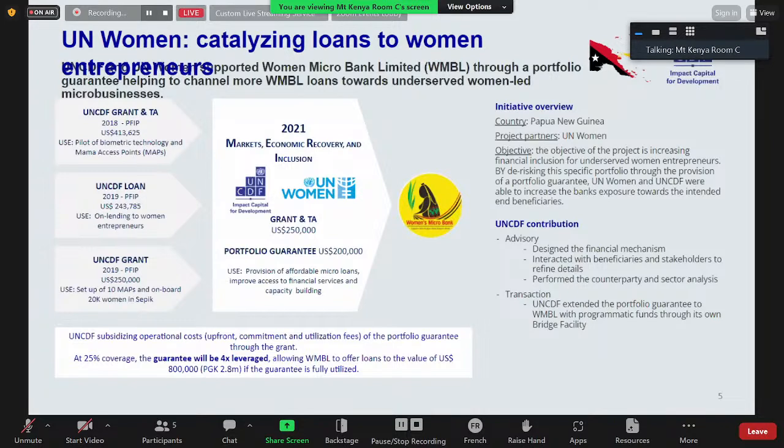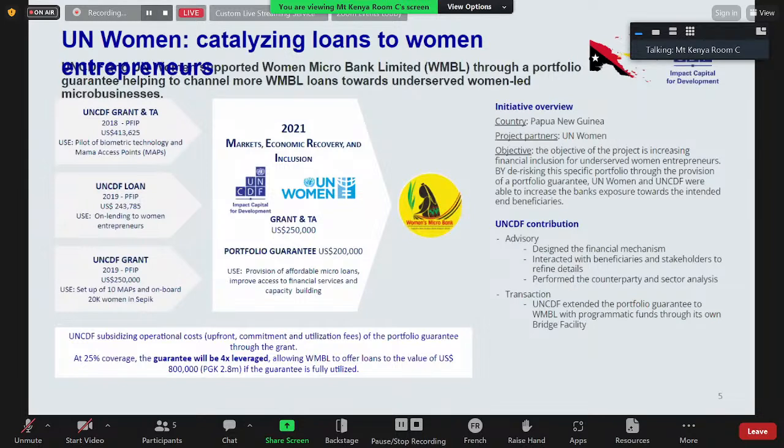So UNCDF gave them a de-risking mechanism. We gave them a first loss guarantee. If you go and invest the funds in that territory that UN Women chose, we will take the first 20% loss. And this enabled them to go and operate there.